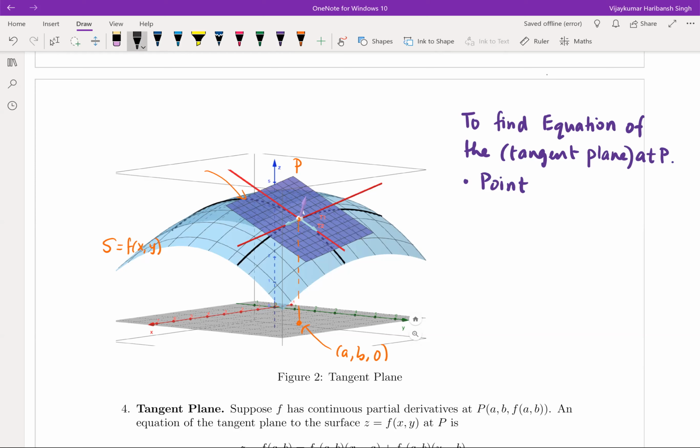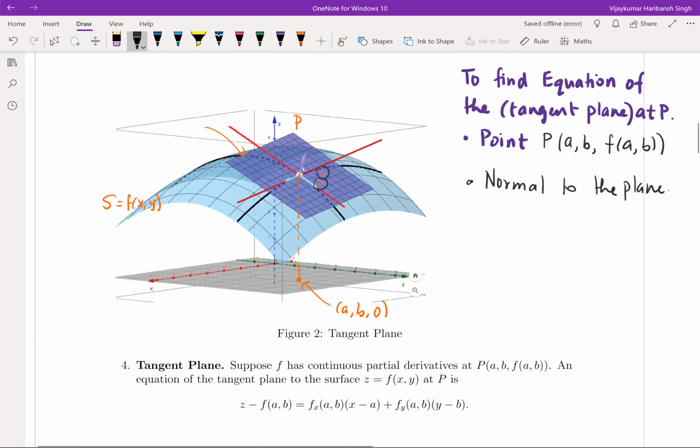The point is already given to us, P, which is given by (a, b, c), or we can write it as (a, b, f of a, b). Now we need a normal to the plane. That will be a cross product. We want the normal to T1 and T2, so we can get that by a cross product in the following way.